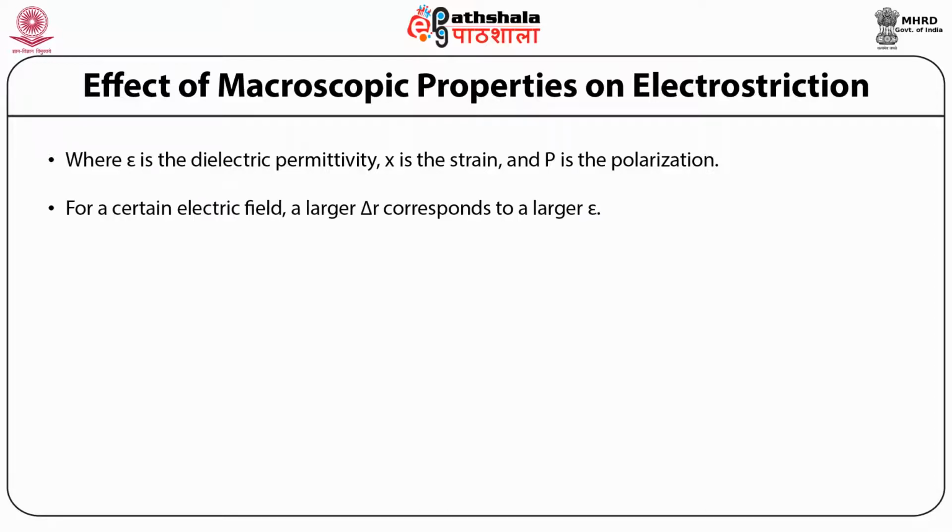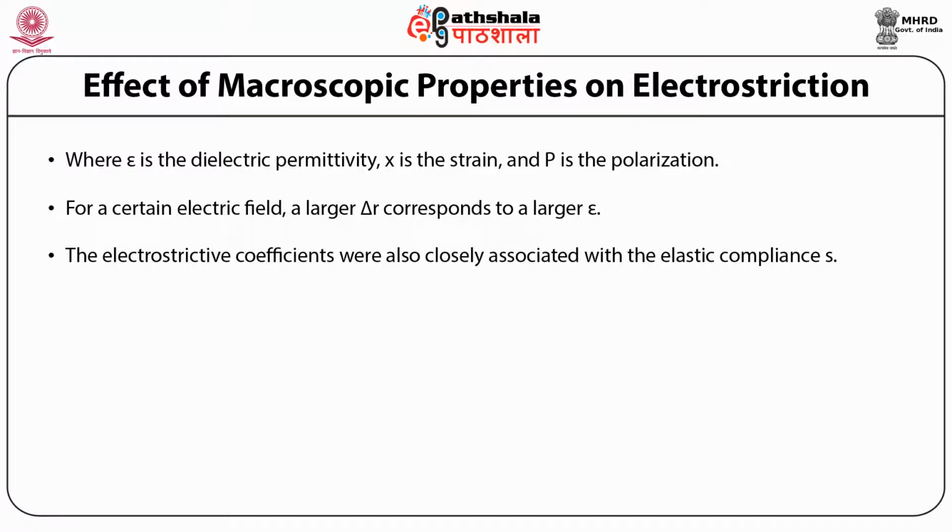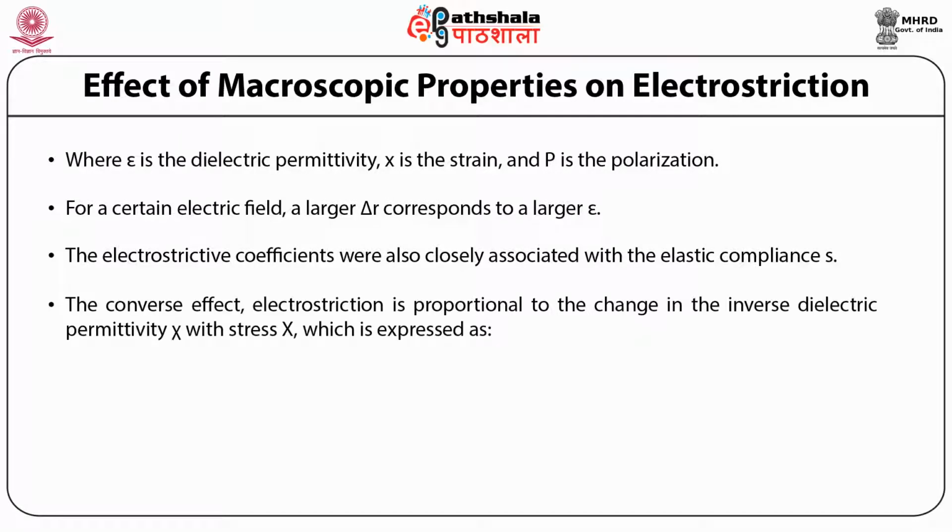For a certain electric field, a larger delta R corresponds to a larger epsilon. The electrostriction coefficients were also closely associated with the elastic compliance S. So now the converse effect, the electrostriction is proportional to the change in the inverse dielectric permittivity chi with the stress.